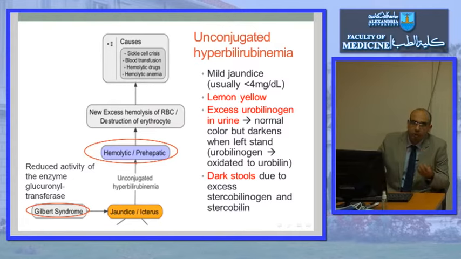Stercobilinogen will become stercobilin and will make the stool darker. So in hemolytic jaundice, stool will be dark, and what appears in urine in hemolytic jaundice or unconjugated hyperbilirubinemia is urobilinogen, because there is an increased amount of bilirubin reaching the intestine, and an increased amount of urobilinogen absorbed and going to the kidney, and it will be present in the urine.